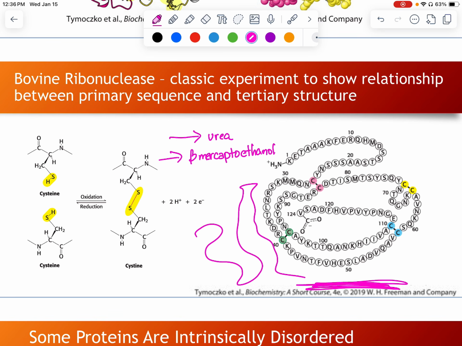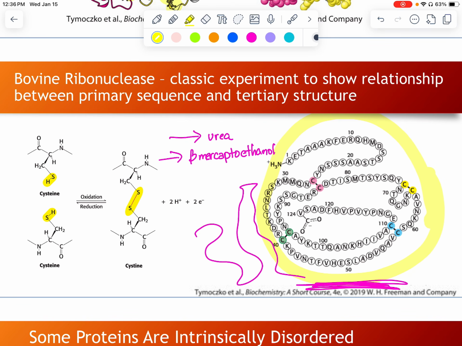It turned out, yes, that primary sequence is what determines the tertiary structure. Once we got rid of all the things that had disrupted it, it naturally folded back into its exact, perfect three-dimensional structure again, and was functional.